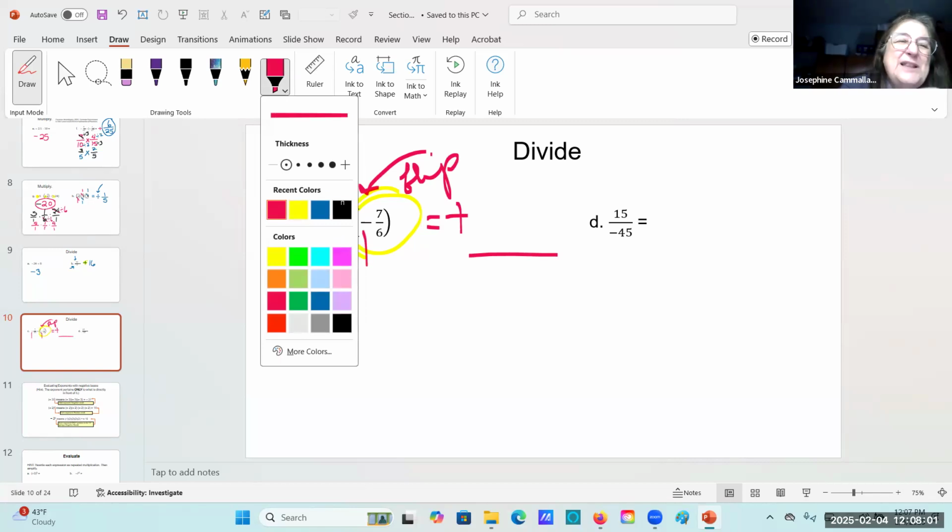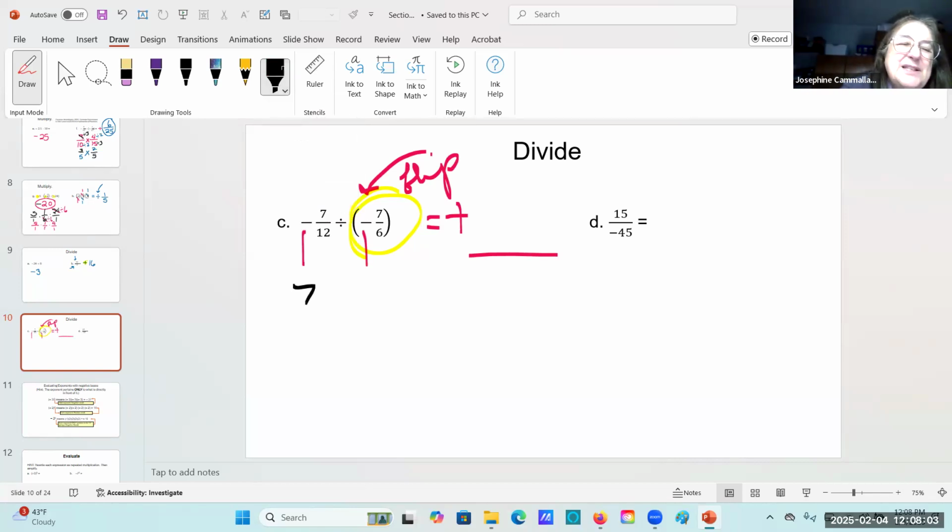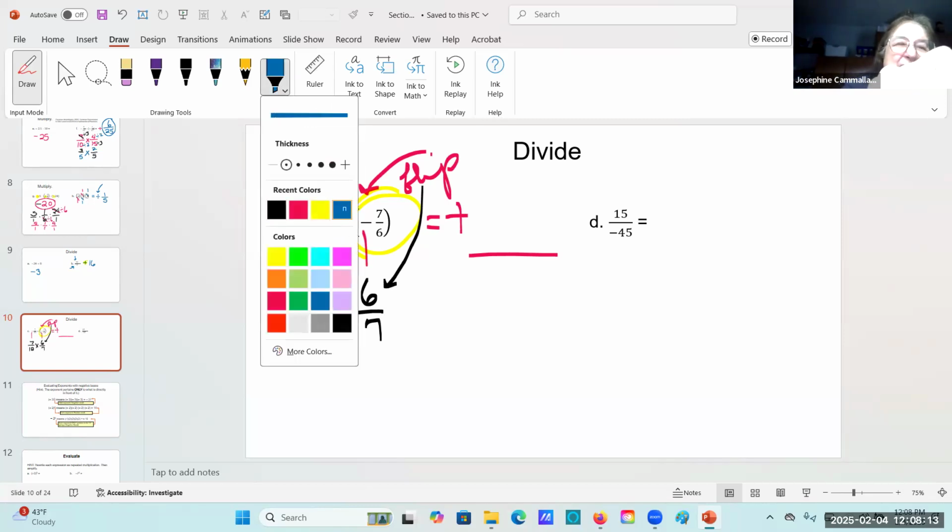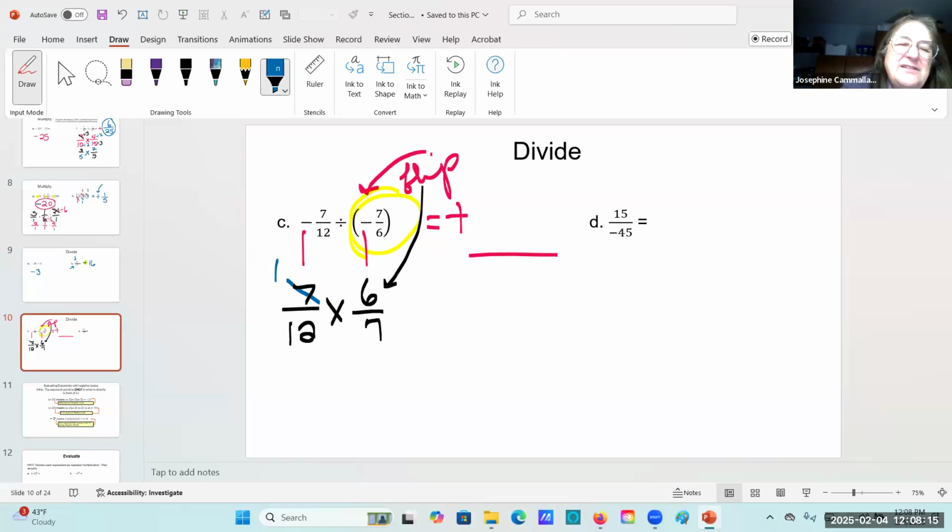Once I've determined the sign, I can write 7/12, and then I flip and multiply. This 7 and this 7 cross cancel.